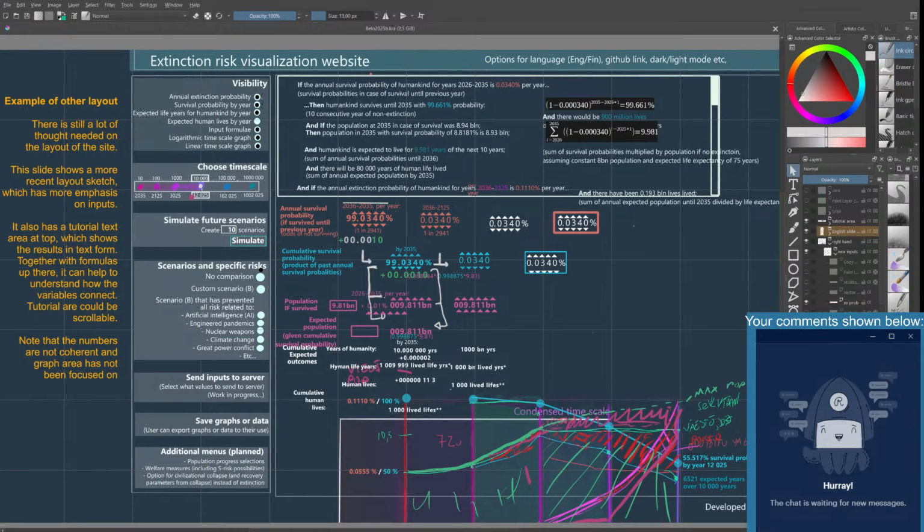Maybe I've gotten this idea that it's quite important to show the math a little bit better and have a little bit less focus in the UI on these graphs, and to have a greater focus on these inputs, which are also outputs at the same time.